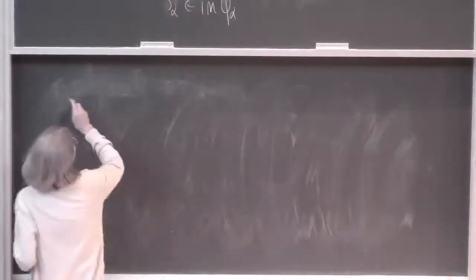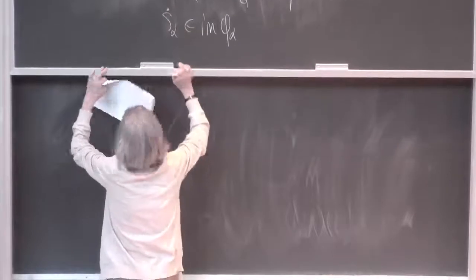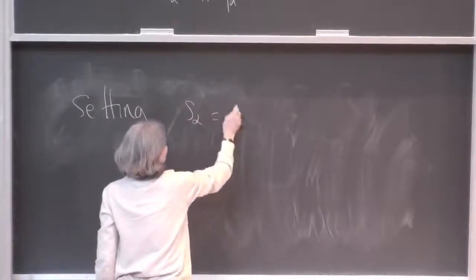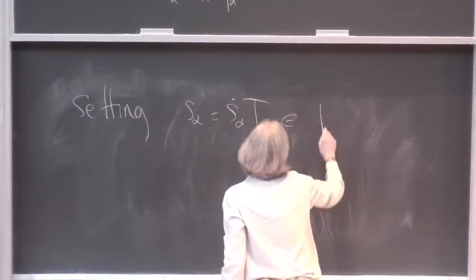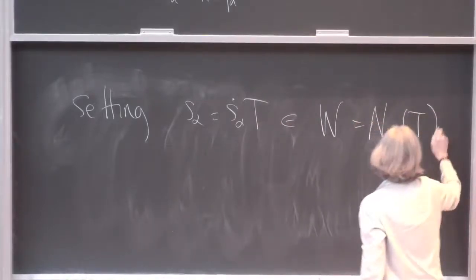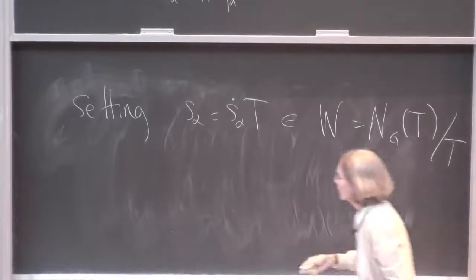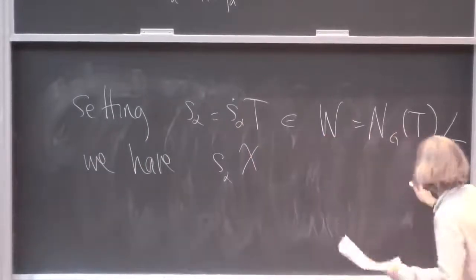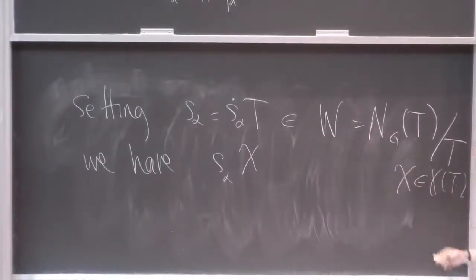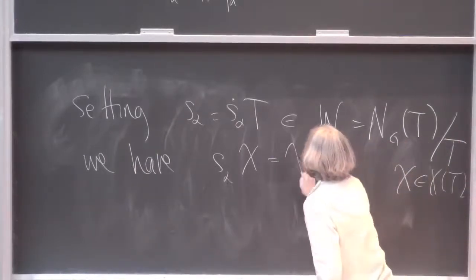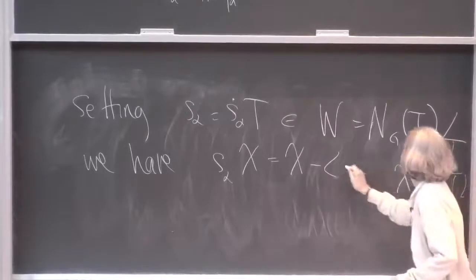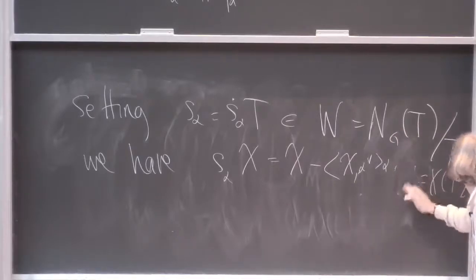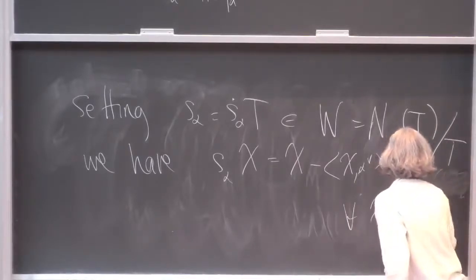Setting S alpha to be S alpha dot times T in the Weyl group, we have that S alpha applied to chi, for all chi in X(T), is just chi minus this perfect pairing of chi with alpha check, times alpha.